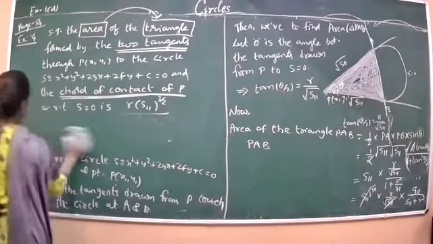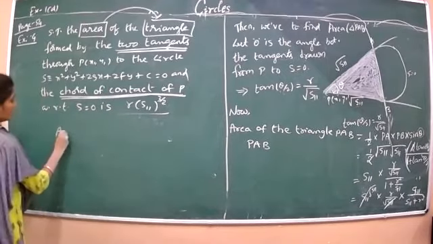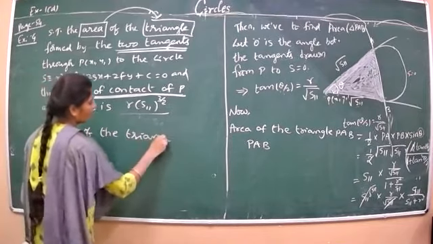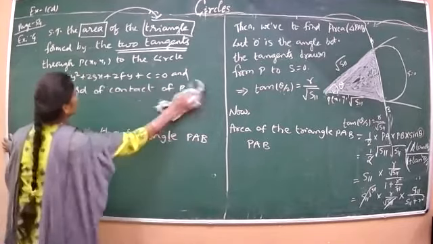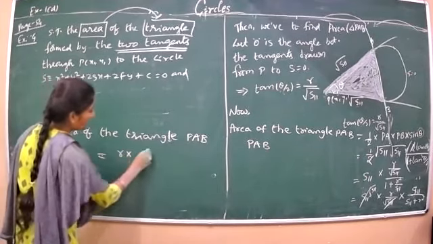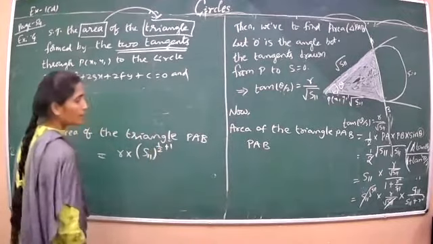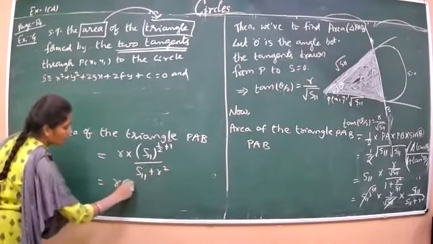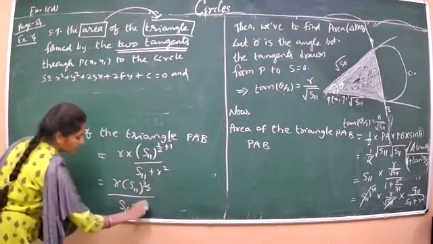From which the area of the triangle PAB is equal to R into S11 power 1 by 2 divided by S11 plus R square, which will be R into S11 power 3 by 2 divided by S11 plus R square.